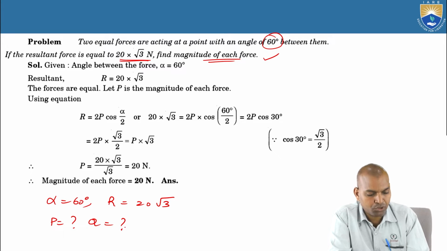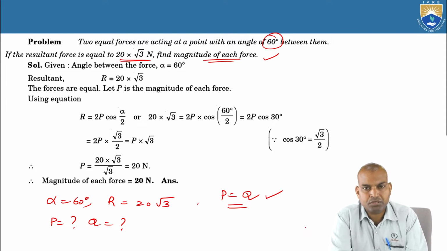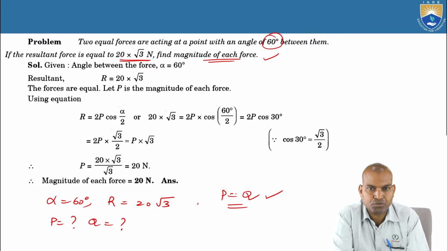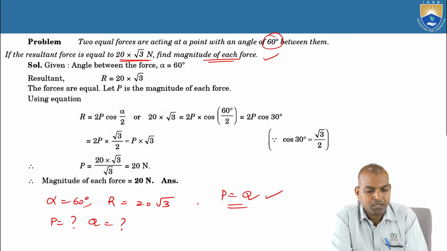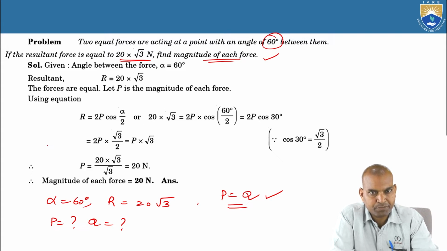That means P equal to Q. If we find one force, we know the other is equal. So the magnitude of each force: if we know P or Q, that means each force is equal to that value. This is the case where two forces are equal, the angle between them is 60 degrees, and we know the resultant force.